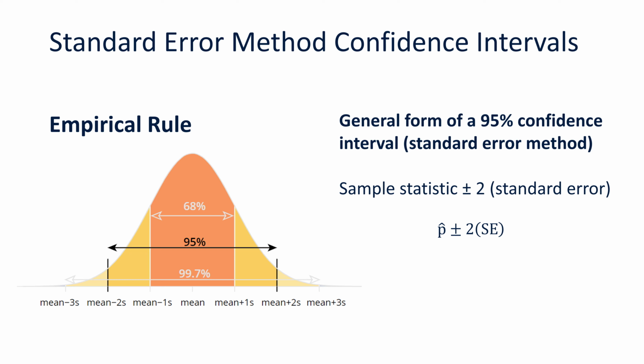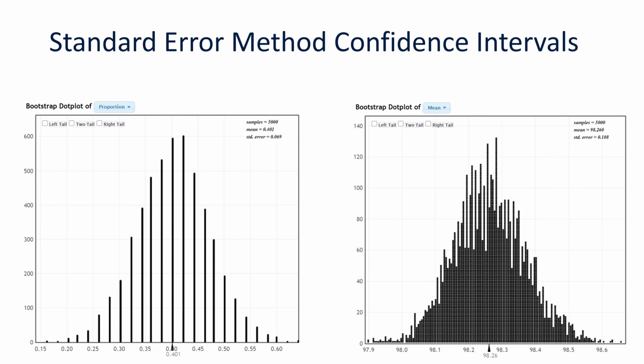For a proportion, this translates to the sample proportion plus and minus 2 times the standard error, and for a mean, it will be the sample mean plus and minus 2 times the standard error. In both cases, we can get the standard error from StatKey. In the Bootstrap sampling distribution, the standard error can be found here in the upper right corner. Before I walk through some examples, I do want to take some time to talk about the terminology that's used with this approach.